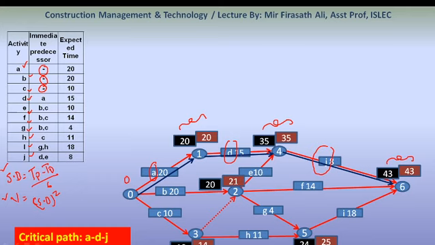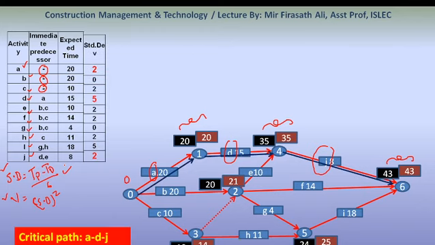After finding the critical path, let us find the variance and standard deviation. How do we get the standard deviation? We get it with the formula (Tp minus To) divided by 6. Tp and To values are given in our previous slide.